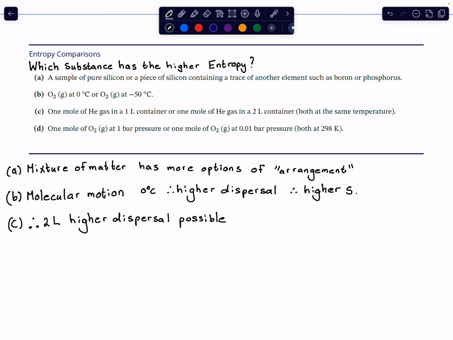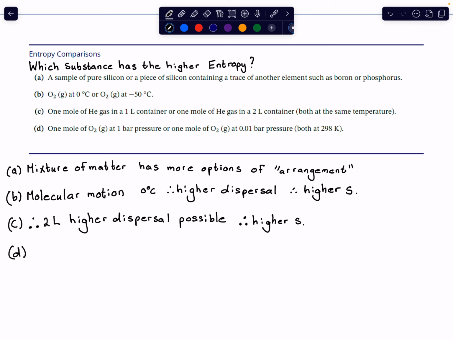In the larger volume, higher dispersal is possible, and therefore it will have the higher entropy.